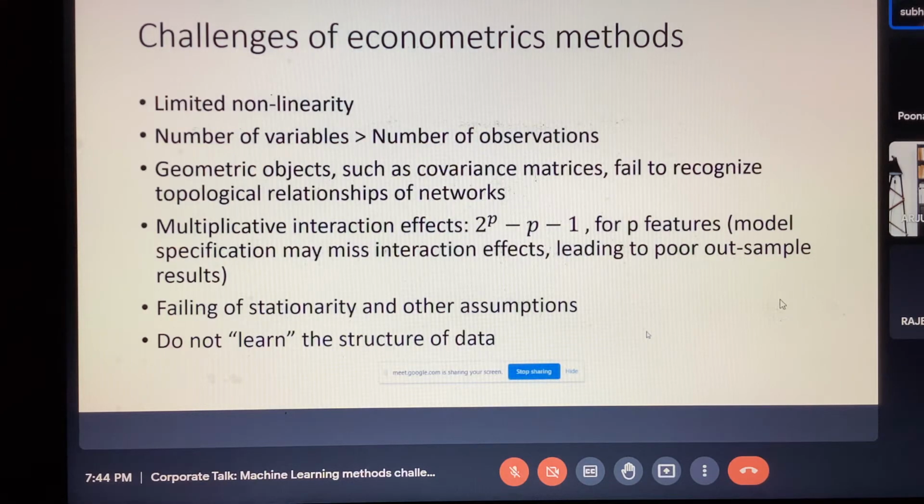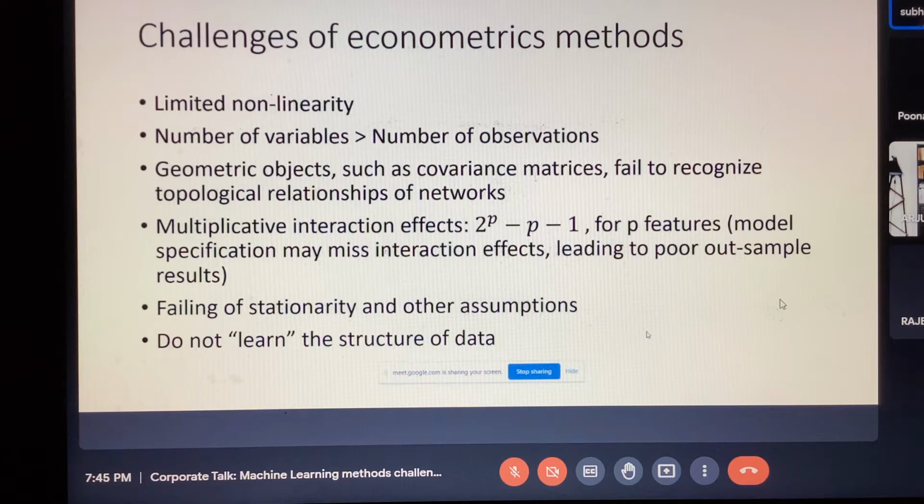What I mean to say is, if you want to know what determines volume of trade, for example, from theory we know GDP determines it, and then you have the gravity model, which says distance determines trade. Then you have the exchange rate determining trade. These things you already know from theory.